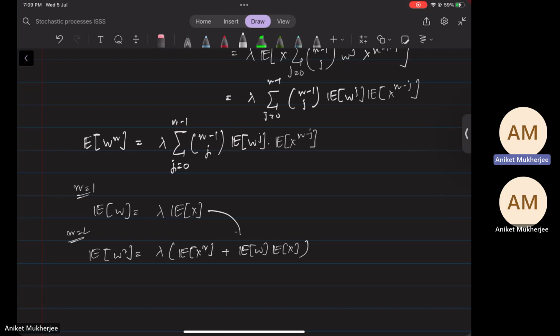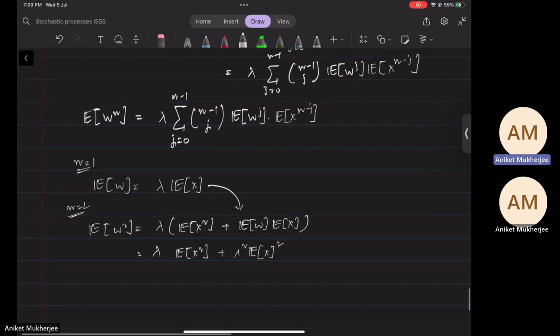But from the previous, we know that expectation of w is lambda expectation of x. We have lambda expectation of x square plus lambda square expectation of x whole square. So like this, you can find all the moments of w.